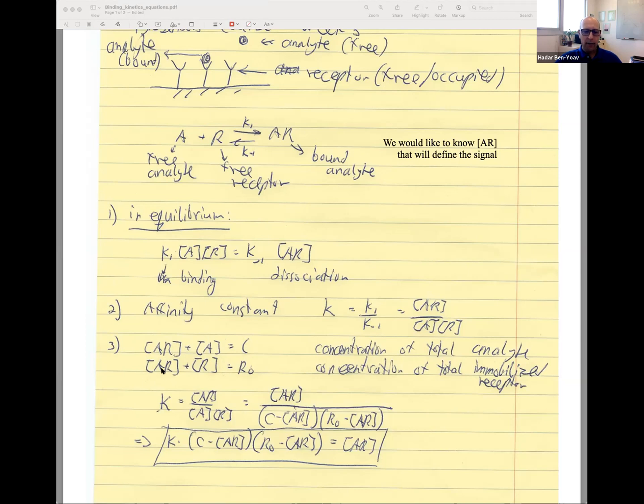And the total amount of receptor that we have is R0, meaning those that are free and the ones that are bound. Now, let's take this equation, K equals AR over A times R, and we're going to replace the concentration of analyte with C minus AR.